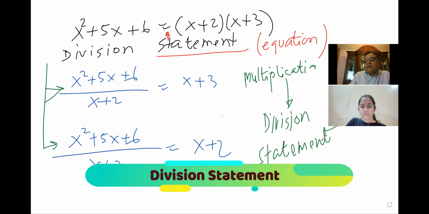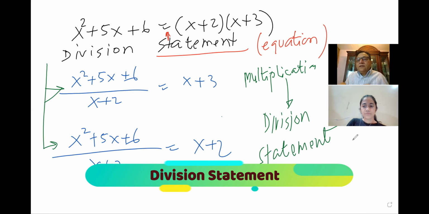Can you understand what you are learning? When the remainders are 0, we can straight away write our multiplication and division statements interchangeably. That is what you did.